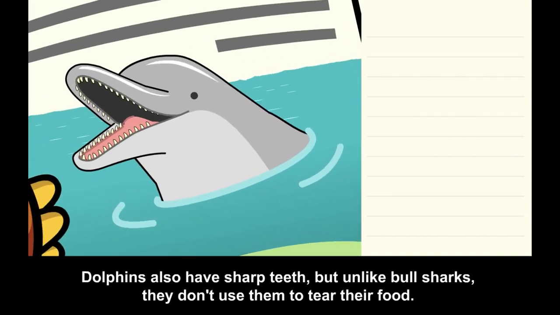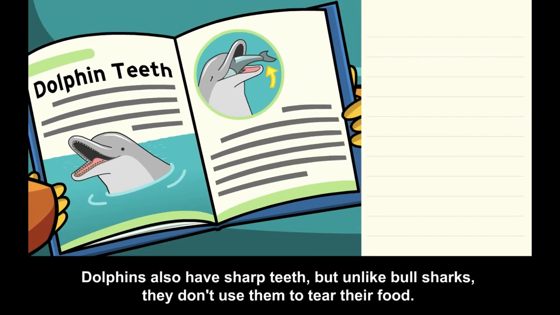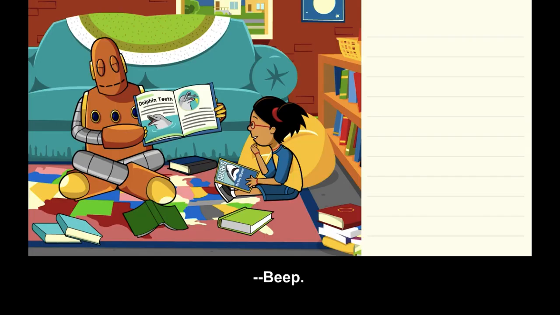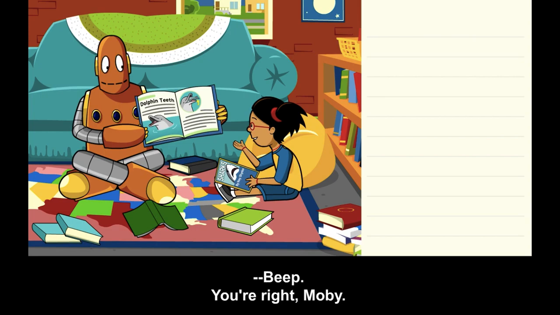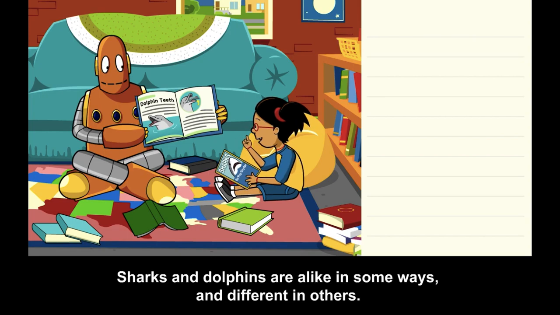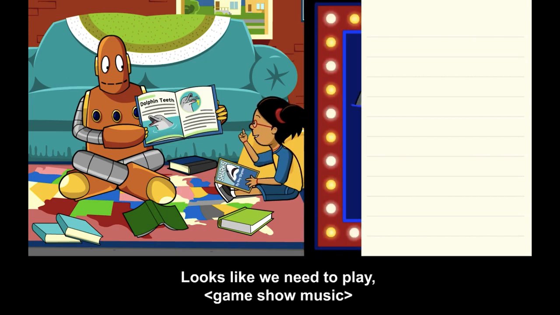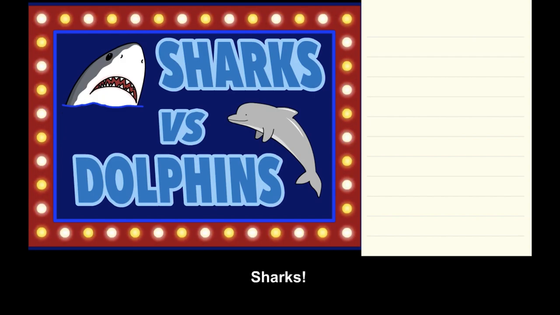Dolphins also have sharp teeth. But unlike bull sharks, they don't use them to tear their food. Instead, dolphins grab and swallow their prey whole. You're right, Moby. Sharks and dolphins are alike in some ways, and different in others. Looks like we need to play Sharks versus Dolphins.